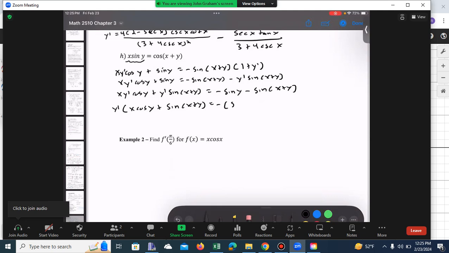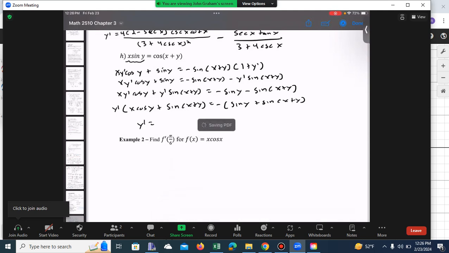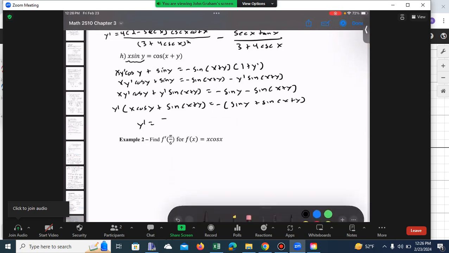Sine y plus sine x plus y. Now we just divide over and have y prime solved for. And so we have a derivative.